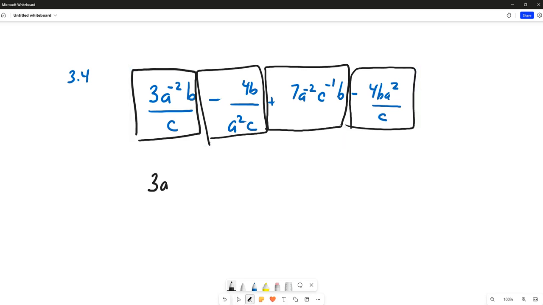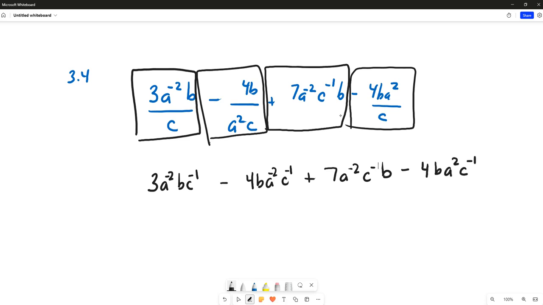So 3a to the negative second, b, c to the negative first, 4b, a to the negative second, c to the negative first, and then 4b a squared c to the negative first. Okay, now we can see what is the same.